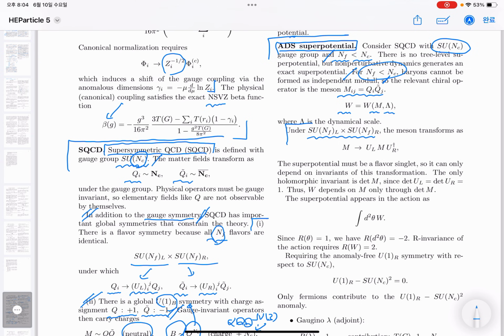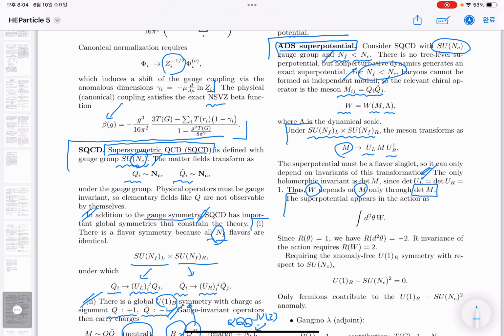Then the mesons transform under the left-handed and the right-handed transformations, and the superpotential must be a flavor singlet under this flavor symmetry. The only invariant quantity is the determinant of the meson operator, because the determinants of the unitary transformations give 1. So the superpotential depends on the meson operators only through the determinant.